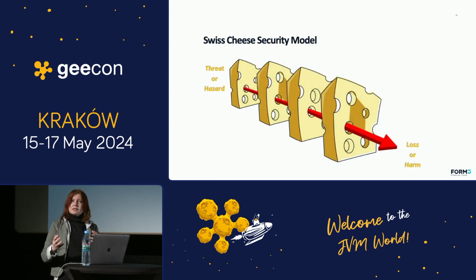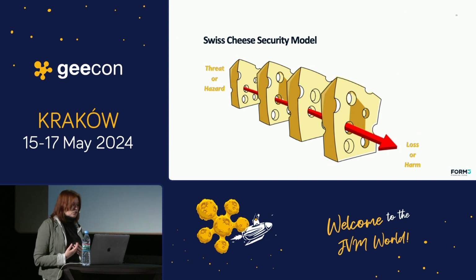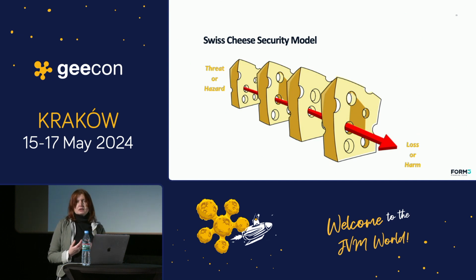And that's why I have a series of presentations on different aspects of what could go wrong in Kubernetes clusters. It's important to remember those security paradigms. One of them is the Swiss cheese security model, basically defense in depth.